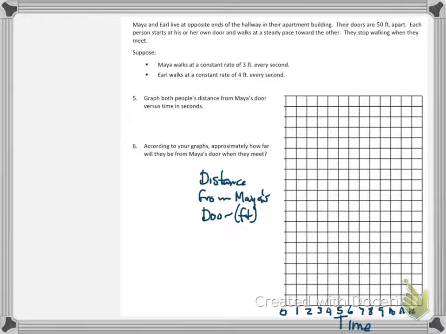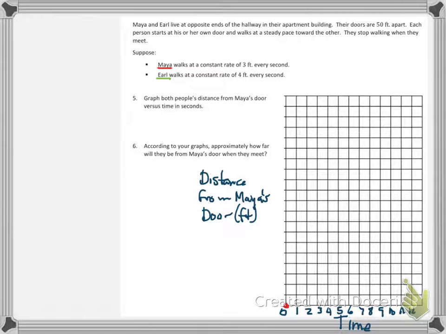And then let's use a red line for Maya, and we'll use a green line for Earl. Okay, so let's talk about Maya first. How far is Maya from her own door at 0 seconds? Well, she's 0 feet from her door, so that's going to be at the point 0, 0.